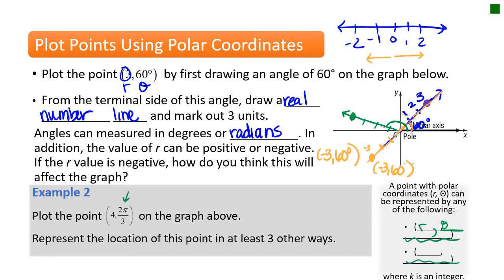So r and then theta plus 2 pi k, because we know that if I went around the unit circle 1 full time, so 2 pi units, it would land me still at that same exact value. Or again, if we did the negative r, it would be reflecting it over 180 degrees, so pi. So add pi to that. So that's how you can find all the different iterations of writing the same point.